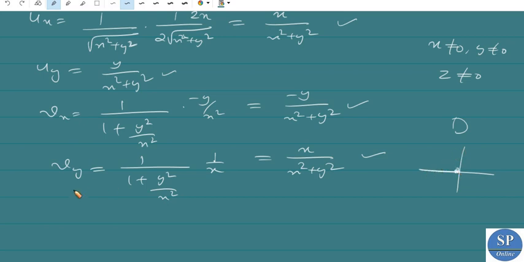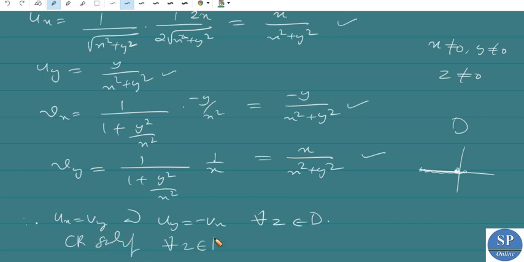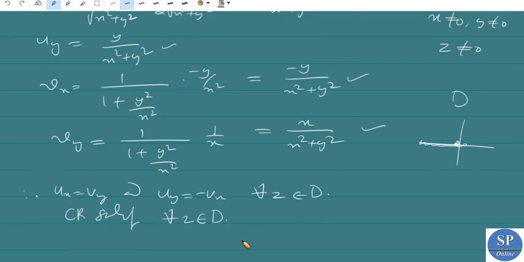Therefore we can say that ux equal to vy and uy equal to minus vx for all z belonging to D, where D is the entire complex plane excluding this branch cut. So the CR equations are satisfied for all z in the domain D.